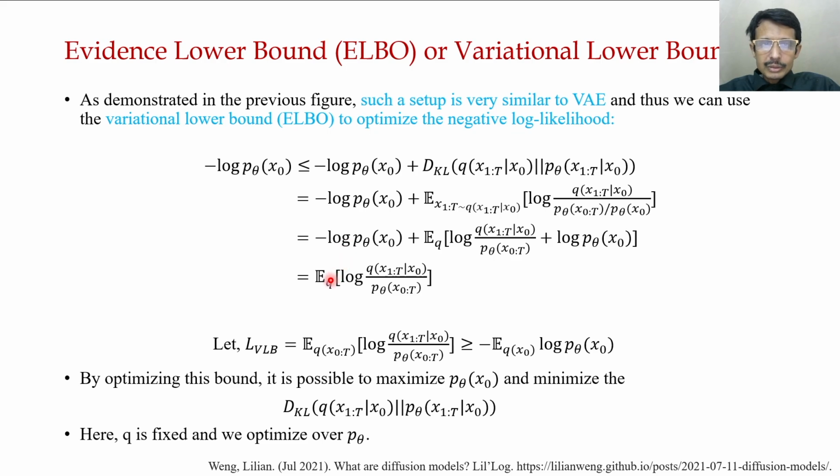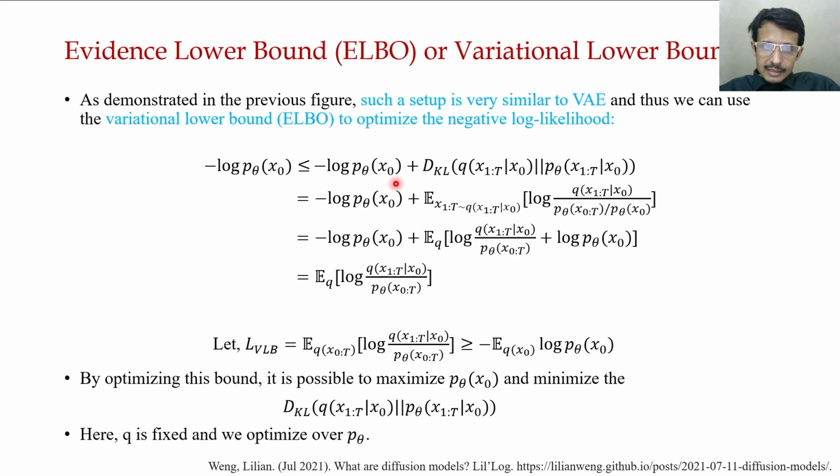And after some algebraic manipulation, we get the expectation of log of q of x1 to T given x0 over p theta of x0 to T. So this variational lower bound loss is typically equal to minus E_q(x0) log p theta x0.